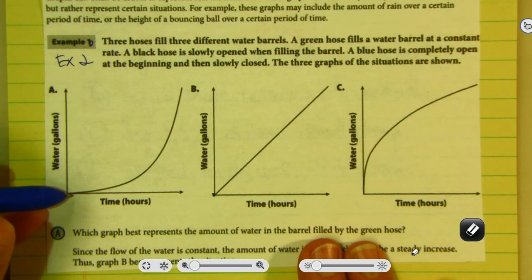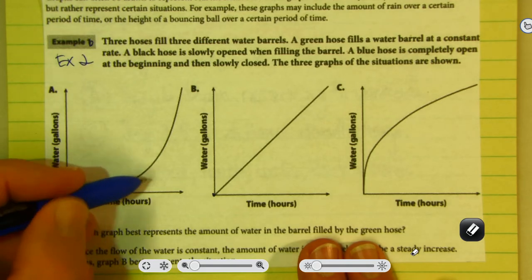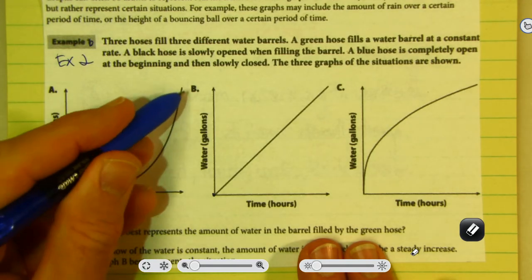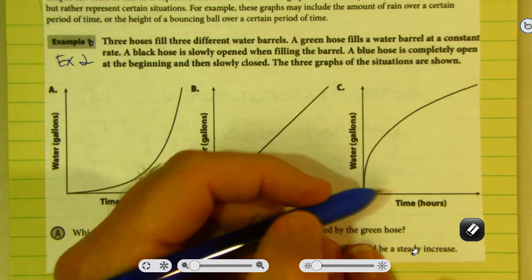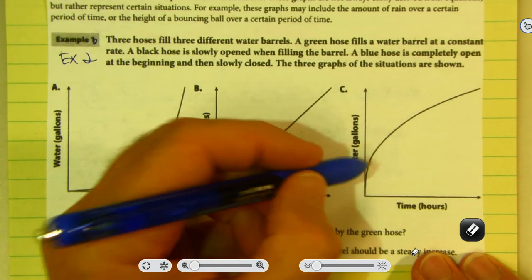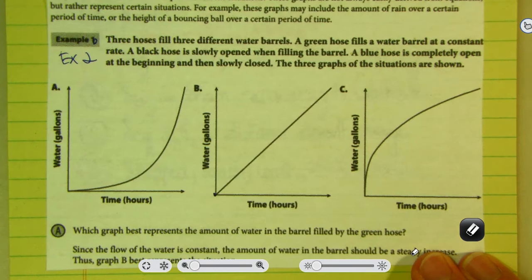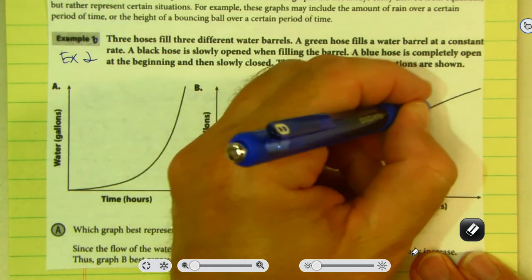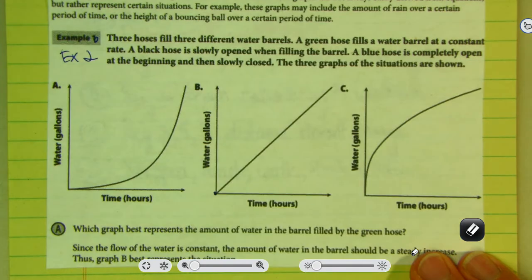Yeah, definitely, because there's not a lot of water coming out and I keep turning it on, and so that means C represents, hey, I just cranked that thing full blast. You ever done that with a hose? Just turn it on full force, but then we ease back off of it and start turning it down.